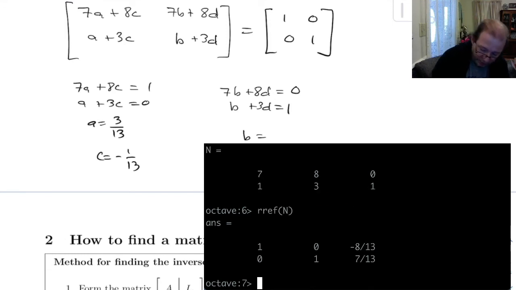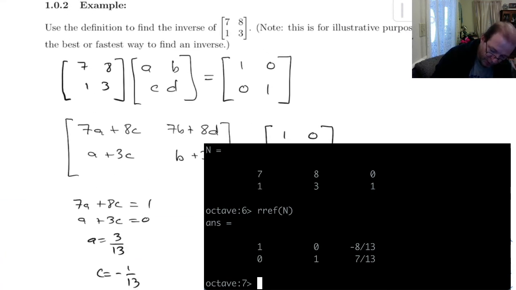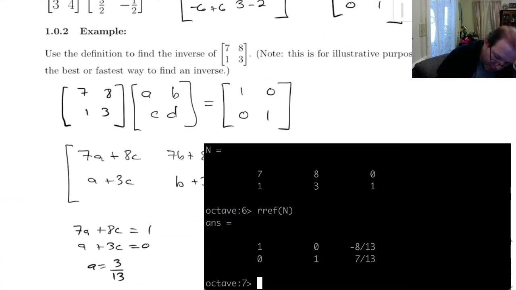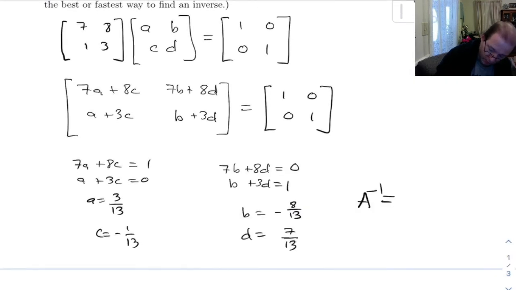Gives me -8/13 and 7 over 13. So my inverse here, we didn't have a name for this matrix, so I'm going to go back here and retroactively call it A. Then what we get here is A inverse is, I'm going to factor out the 1/13, write it like this, 3, -8, -1, 7.